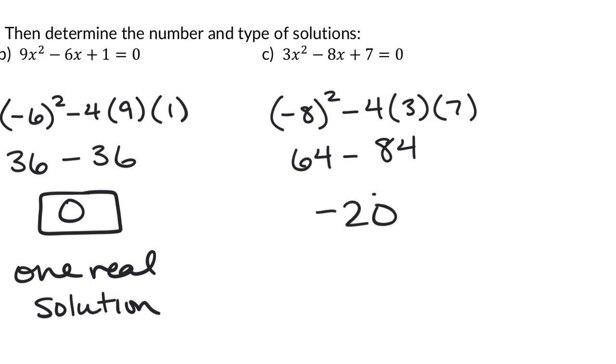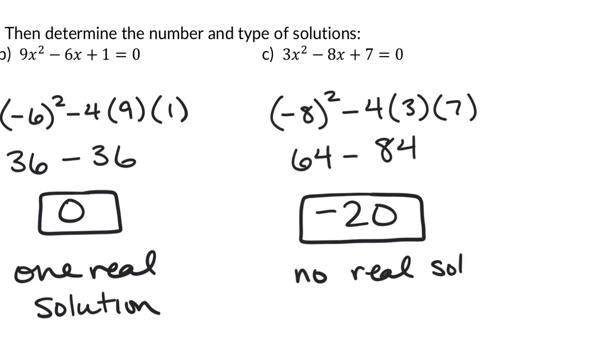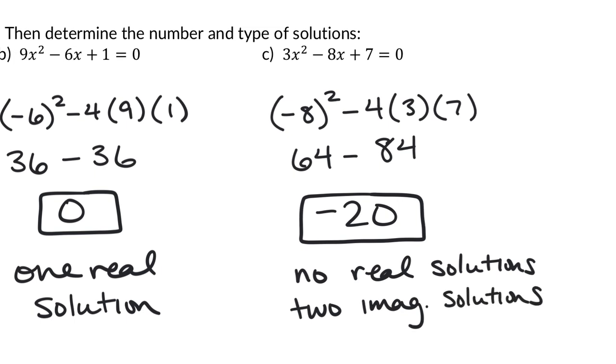So my discriminant is negative 20. What does that tell us for this quadratic? It tells us that there are no real solutions here. Okay, thank you. No real solutions, or that we have two imaginary ones, anytime you have a negative as your discriminant.